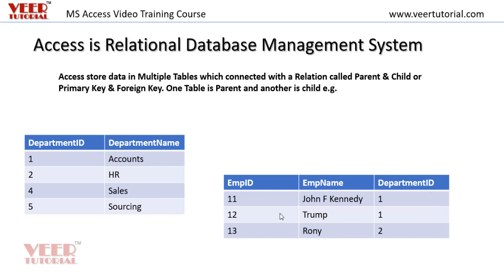We can connect these two tables using the relationship. We give the code of the department in which the employee is working, so we can retrieve other information stored in the department table using this relation. Maybe at this time you feel it is very difficult to retrieve the information, but it's very easy to understand this topic.